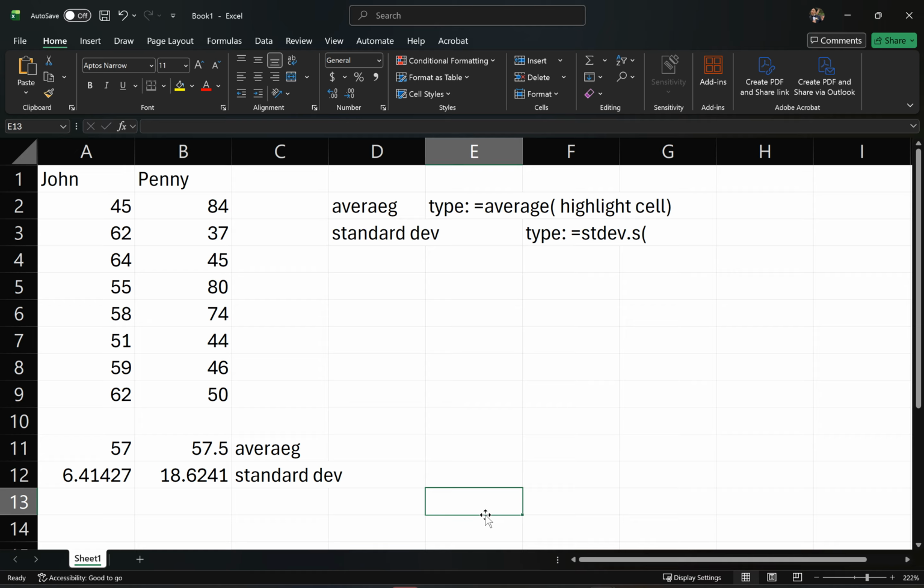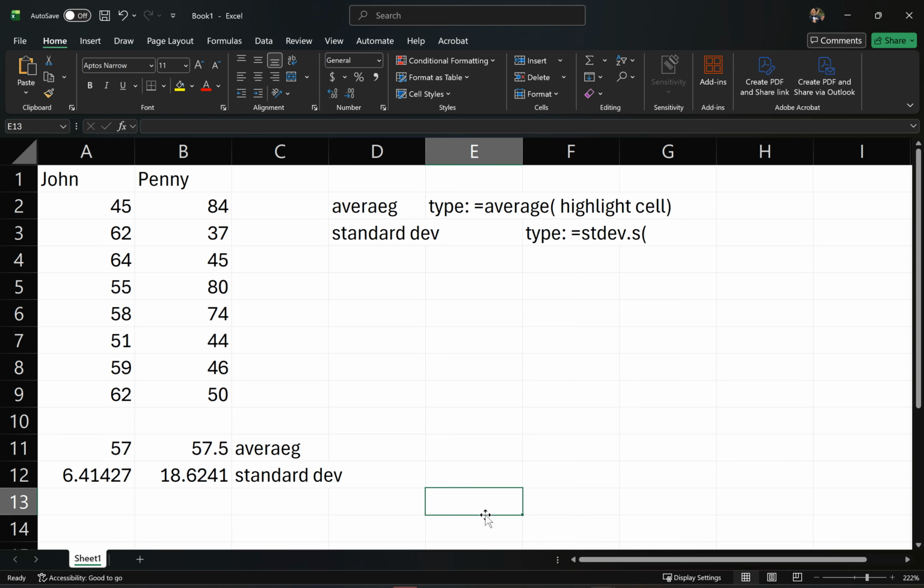So what does that mean? Standard deviation talks about how possible her score could vary. She could get 57.5 minus 18, so really low, or 57.5 plus 18, or really high. Versus John can get 57 plus 6.4, or 57 minus 6.4.